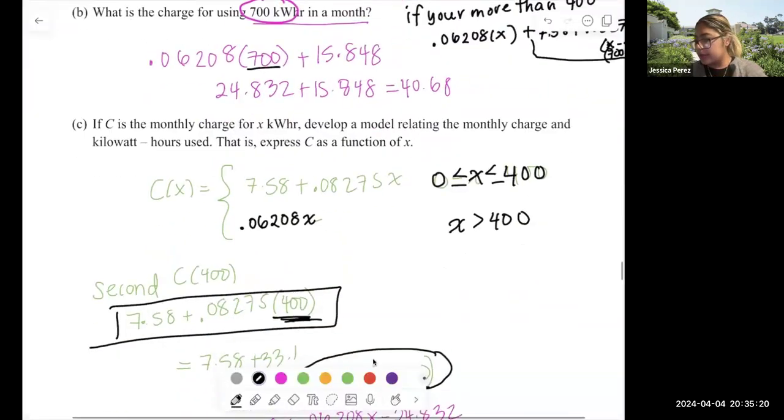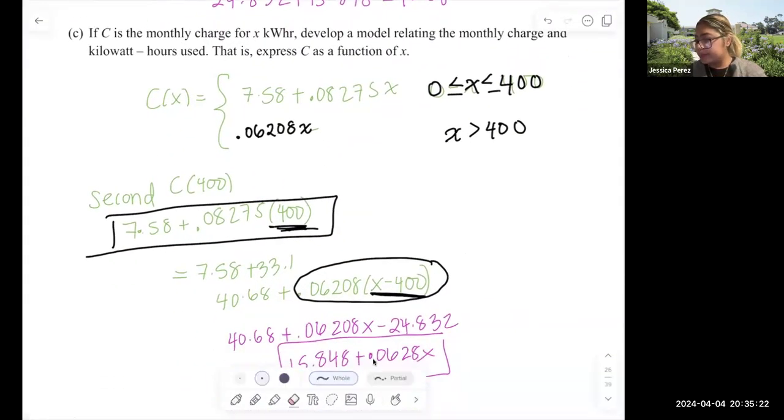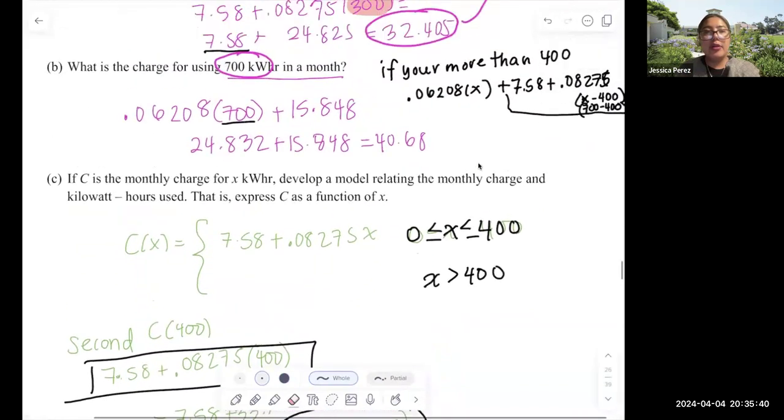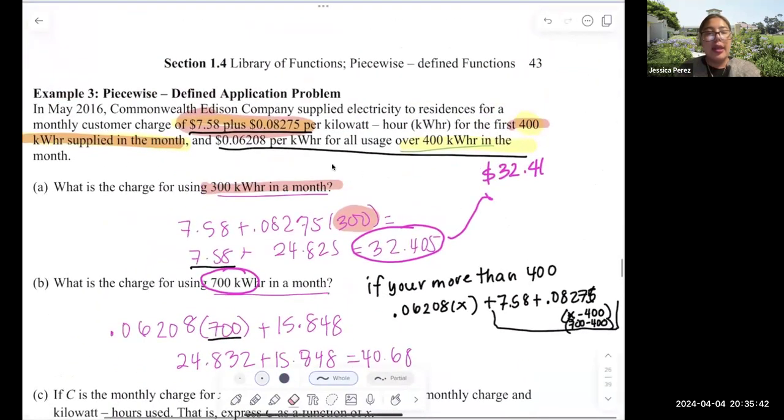Let me share my screen. So the original piecewise function is this one, 7.58 plus 0.08275x. That's when you are generating between 0 and 400 kilowatts. What happens when you are increasing to more than 400? Let's look at the question. So you have for the first 400, there it is.